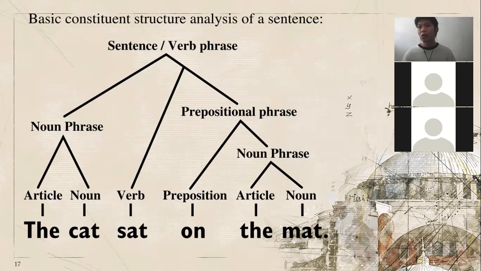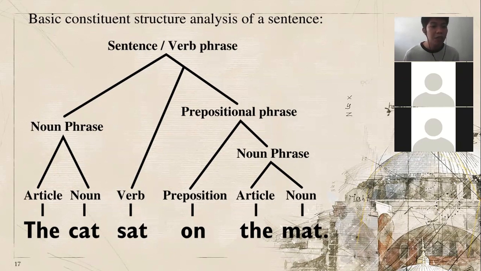In Tagalog, it's different. Because in English, we have SVO, subject, verb, object. But in Filipino languages such as Tagalog or Cebuano, we have VSO, verb, subject, and object. In the English language, this is the case. We have the sentence or verb phrase.